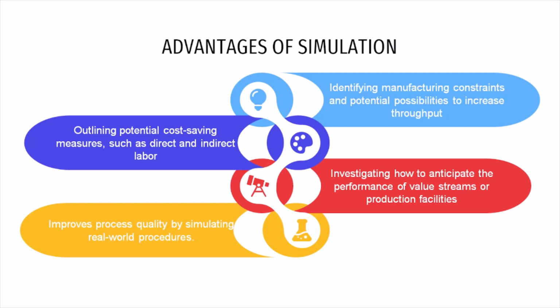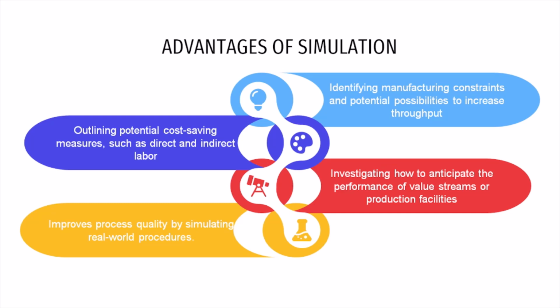You get to identify manufacturing constraints. You get to see your bottlenecks, all those problems, and you get to see potential possibilities to increase your throughput. When you put your simulation under vigorous exercises, you get to experiment more.